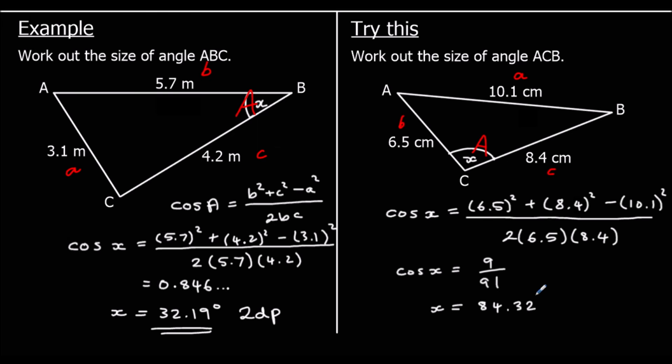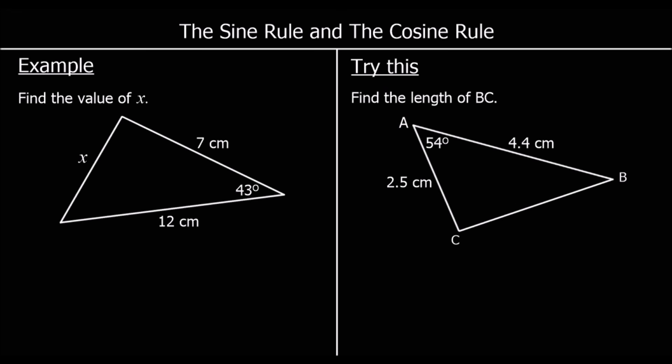It's an angle, so it's in degrees, to 2 decimal places. Okay, next question. So take a second again, figure out which rule we're using here.